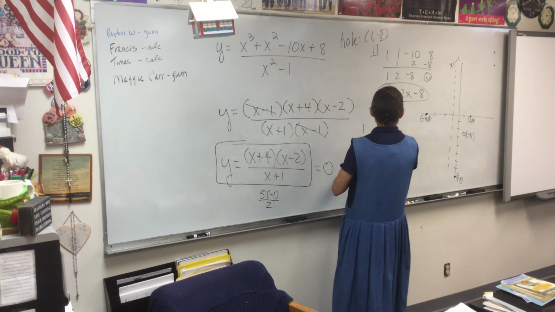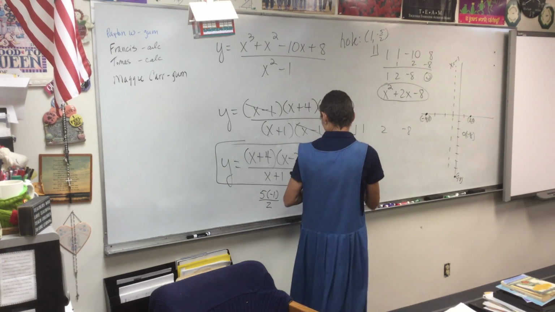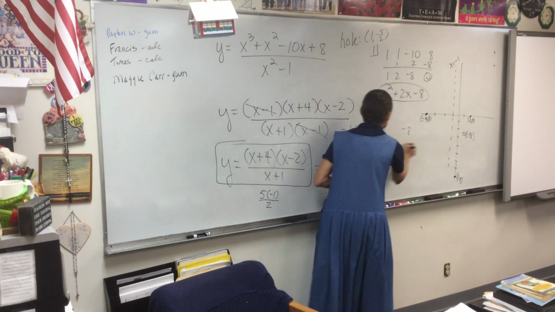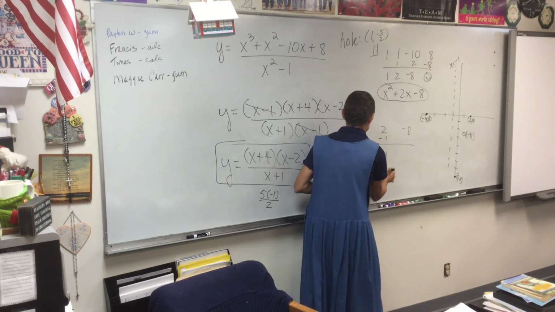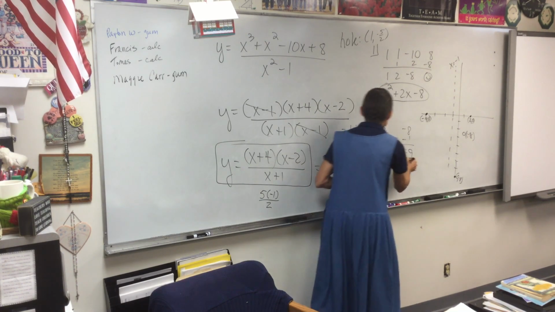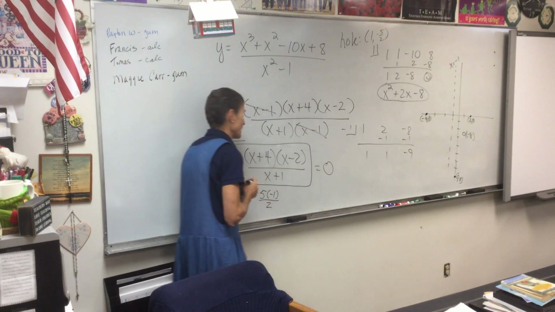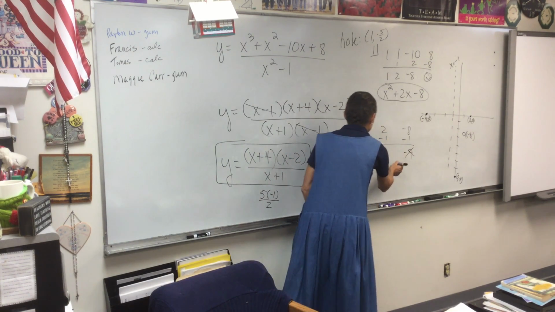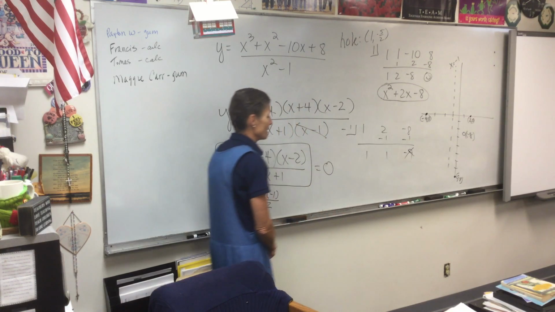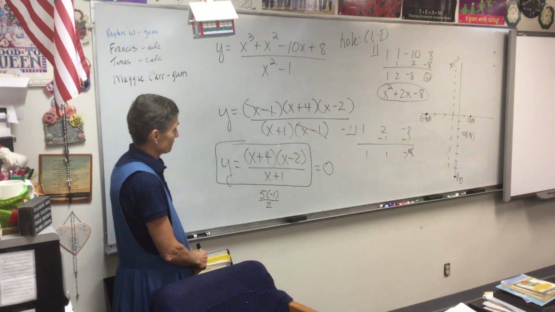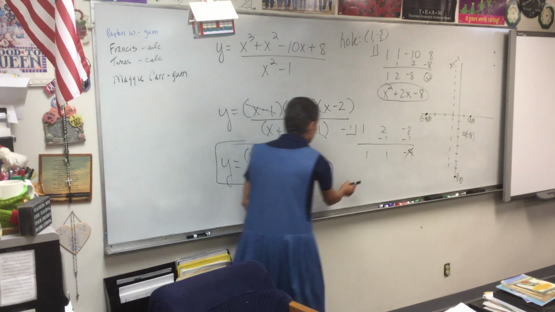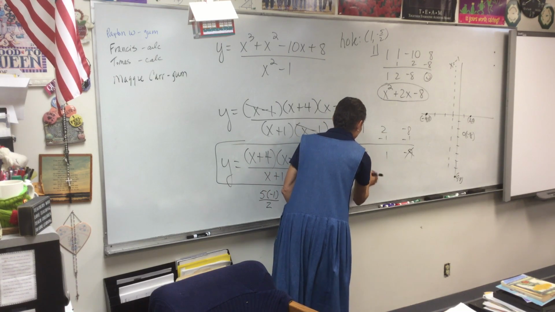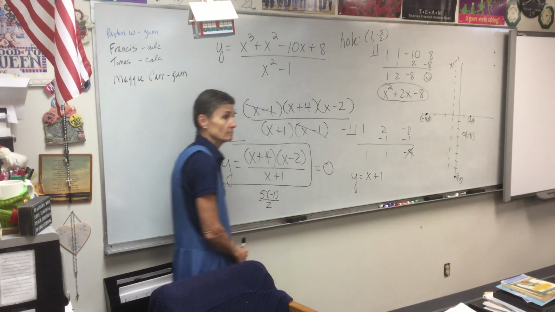So I'll have 1, 2, negative 8 divided by negative 1. And remember, I'm not expecting it to be 0. That's not what this is about. I ignore the remainder. What does that tell me about my slant asymptote? It's y equals x plus 1.